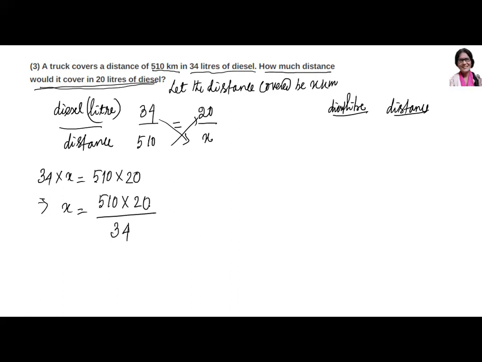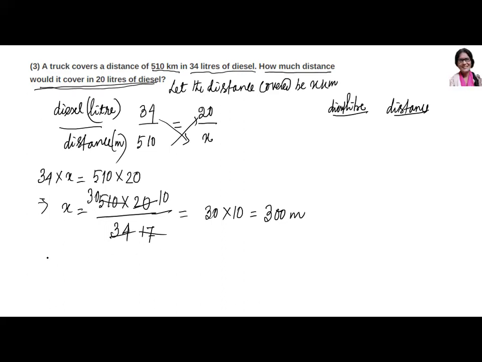Cancel. 2 10 times is 20, 17 times 2 is 34, 17 times 3 is 51. So we are getting 30. So the answer will be 30 multiplies 10. How much will it be? It will be 300. And what is the distance? Distance is in kilometers. So 300 kilometers.